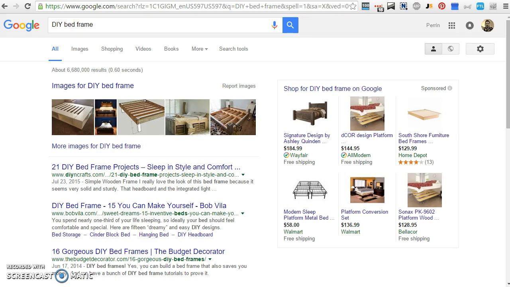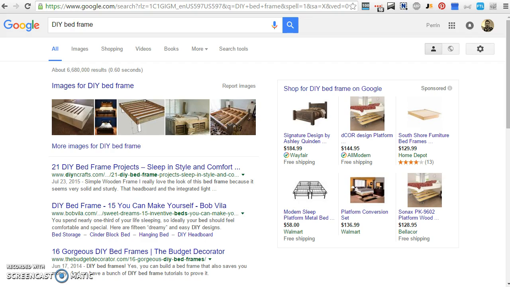Okay, so in this first example, the keyword is DIY bed frame. DIY keywords are notoriously tough to make money off of, although some sites do it really well, and there's a place for them in every site because they're so popular and so shareable. But DIY keywords like DIY bed frame typically aren't the highest commercial intent keywords. Why is that? It's because people are looking to do the job themselves instead of buying something or paying somebody to do it.